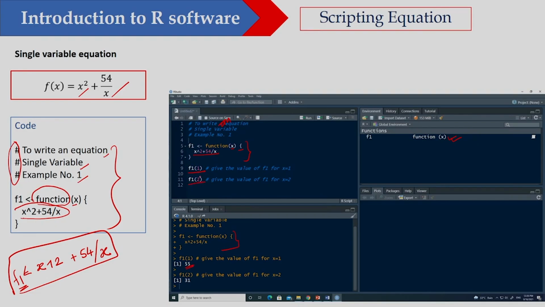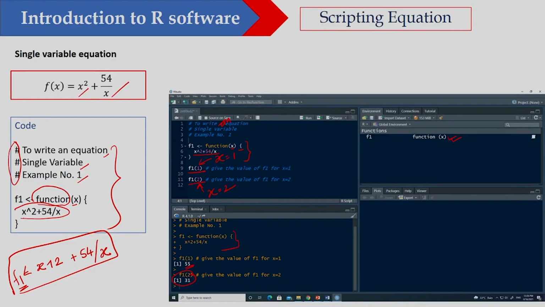For x equal to 2, I get 31. Once you define the function, then for any value of x you can calculate the output of that particular function or expression.